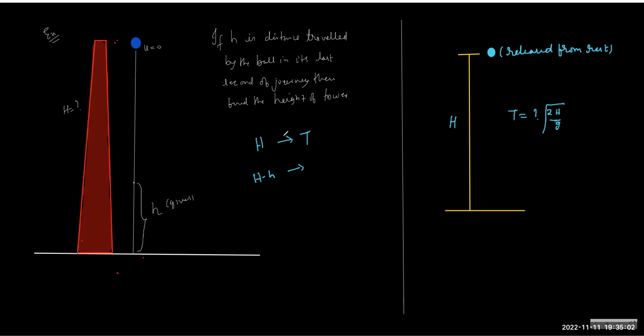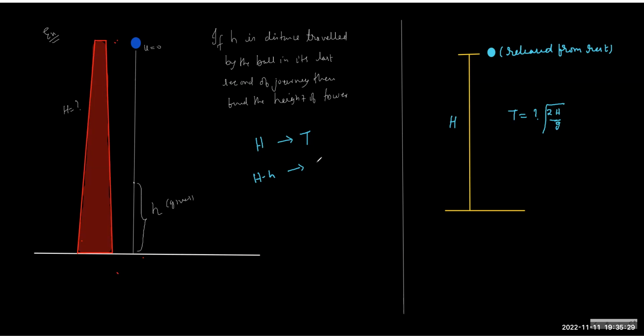Once again, you take time t to travel H height, correct? In the last second of the journey, how much do you travel? Small h. So to travel the remaining part, which is H minus h, how much time do you need?